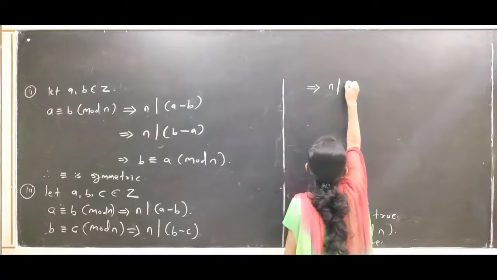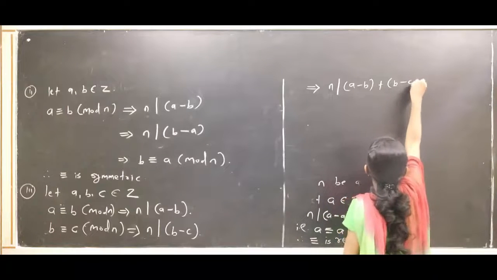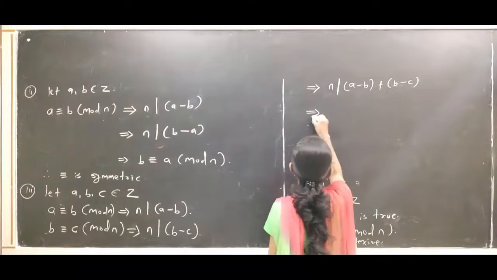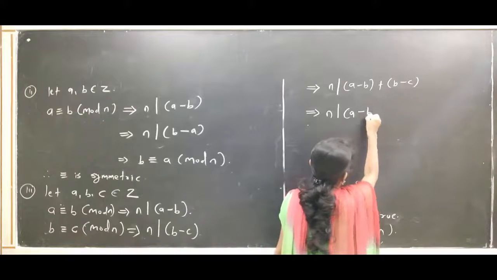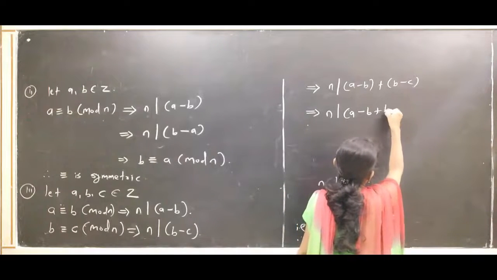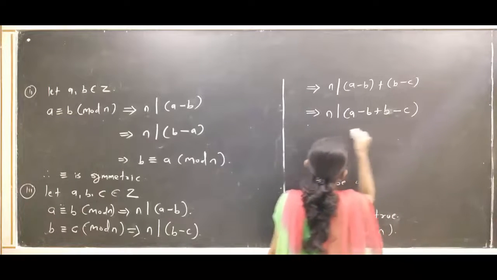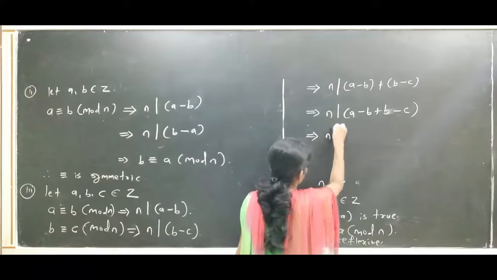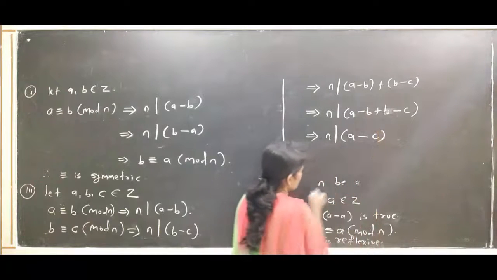So here N divides A minus B plus B minus C. And simplify this, so we get N divides A minus C, as B minus B gets cancelled.